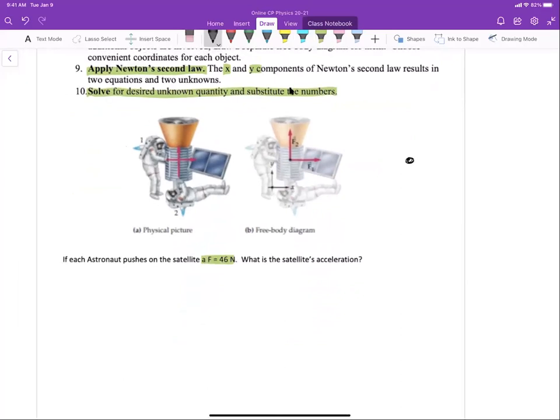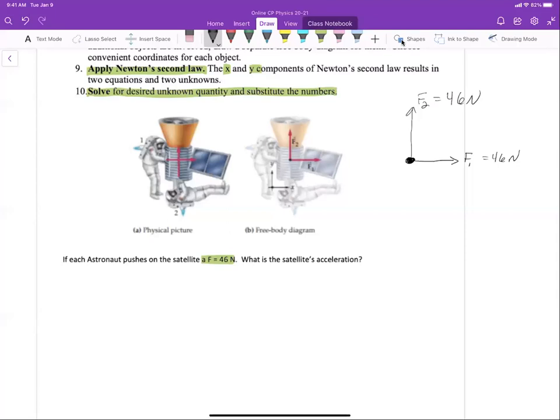The dot represents the satellite. Astronaut number 1 is pushing to the right with a force, I'll call that F1, of 46 newtons. Astronaut number 2 is pushing up, call that F2, and he is pushing at a force of 46 newtons.